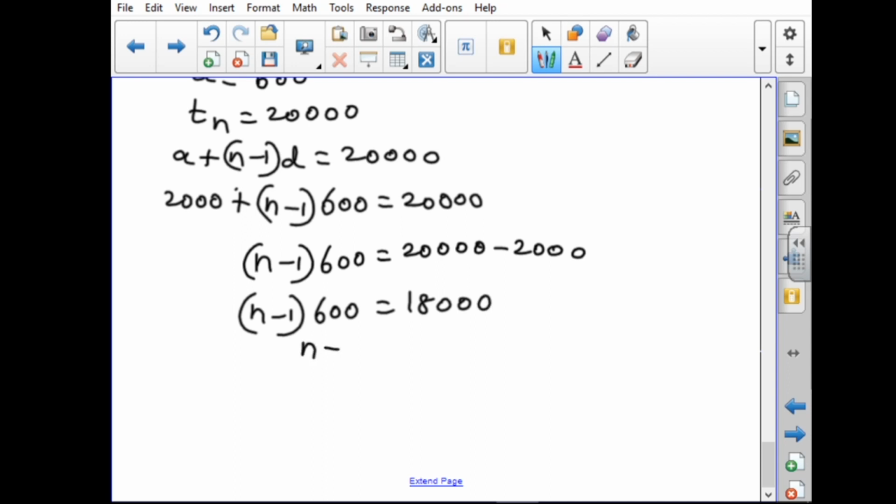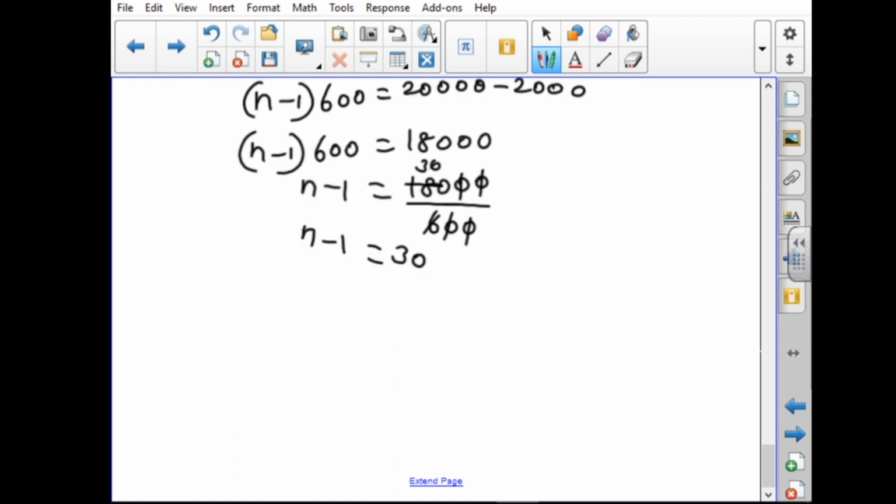So n minus 1 equal to 18,000 by 600. This 600 we bring over, it becomes divide. The zeros cancel, 6 times 30 is 180, so n minus 1 equal to 30. So n equal to 30.